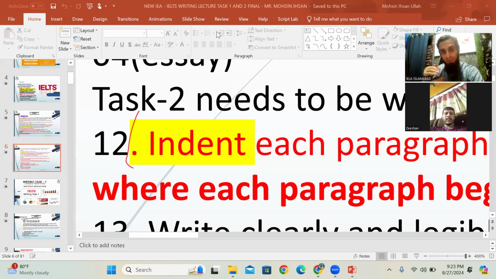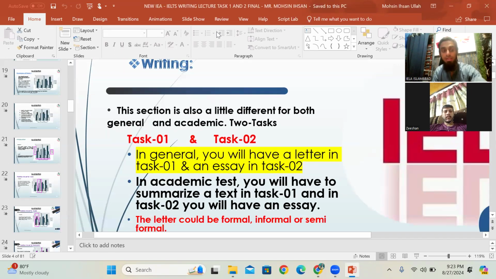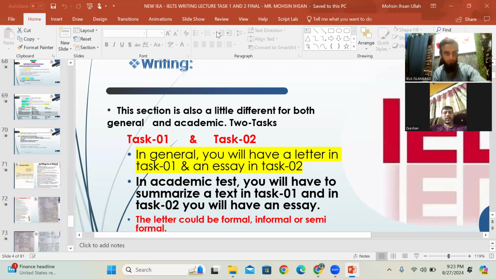And when you close each paragraph, it should be visibly closed, so that the examiner can understand, even without reading it, that here it is closed and next comes a new paragraph, and that this is the last sentence of the paragraph. Now, what can be the last sentence of a paragraph? Let me show you. You will enjoy it, and you can write this sentence in any essay. This is the plus point.